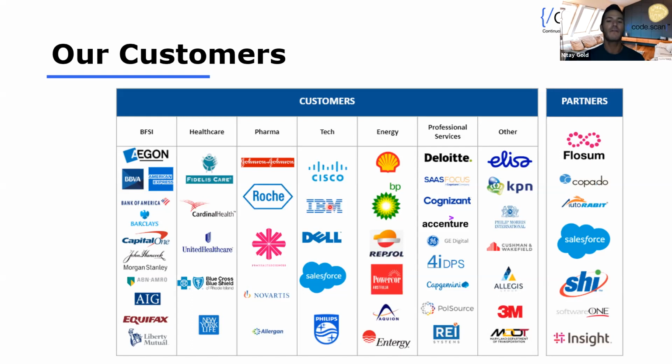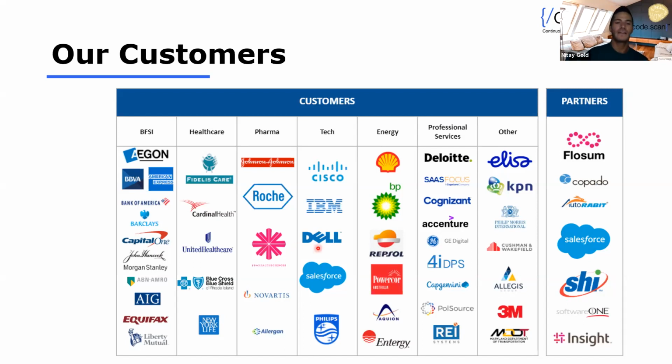This is just some of our customers, but we have customers in all of the industries and of course all sizes. We see it as how they respect their DevOps processes and how much they want to invest in their developers by using technology. So companies like American Express and Barclays in the financial market, and in healthcare and pharma, Novartis and all of the big pharma companies that are working very hard to save the world during this time of COVID.